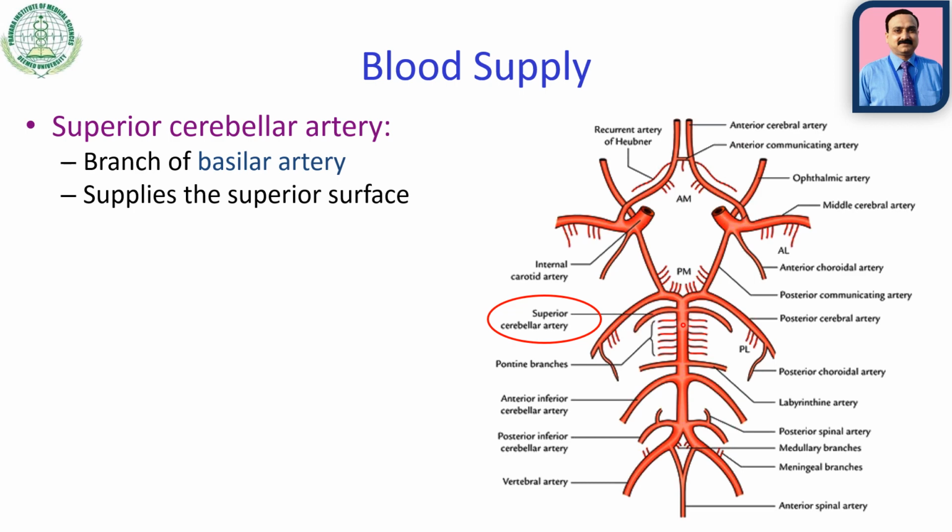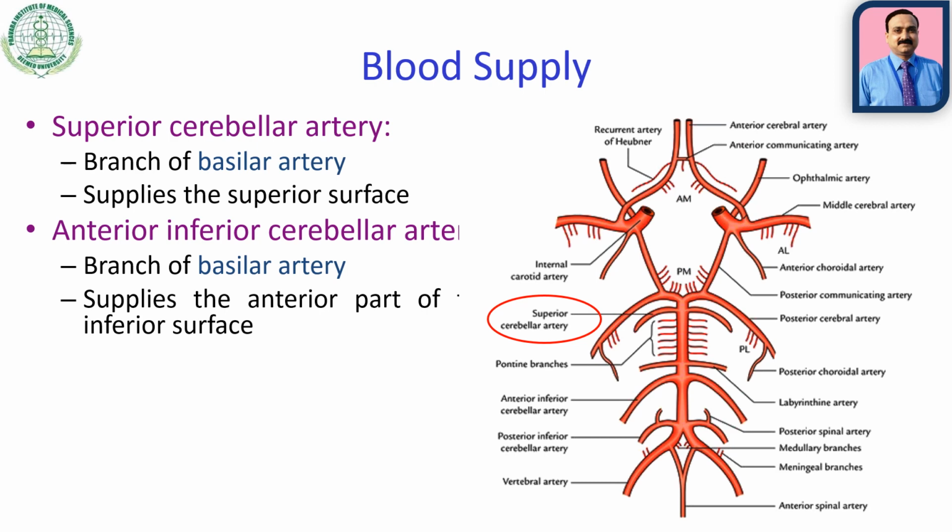which is a branch of the basilar artery and supplies the superior surface of the cerebellum. Then anterior inferior cerebellar artery, which is again a branch of basilar artery.